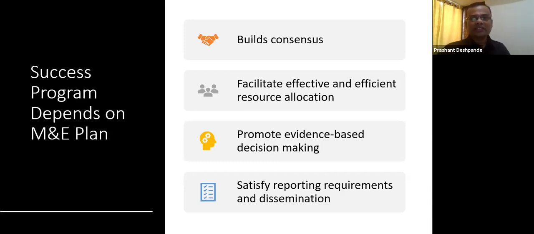Secondly, it will facilitate effective and efficient resource allocation. We have seen there are some targets, some outputs, some outcomes in this document. Based on outcomes and outputs, we can allocate resources. Some outcomes want more manpower, more resources, because their results are better.